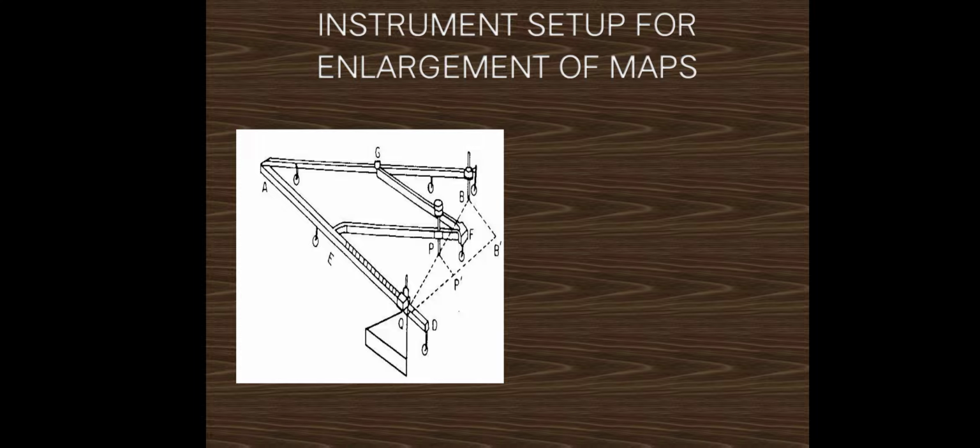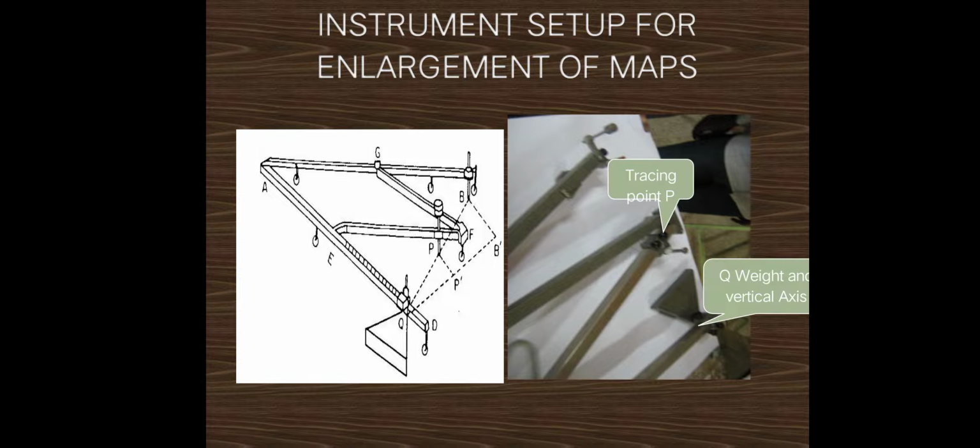And see how the setup will be for enlargement. Suppose I want to enlarge the map, see where the pencil point and tracing point will be. Here Q is the weight and the vertical axis is AD. Compare both figures.